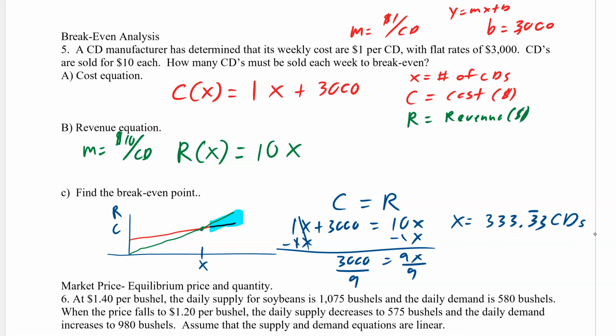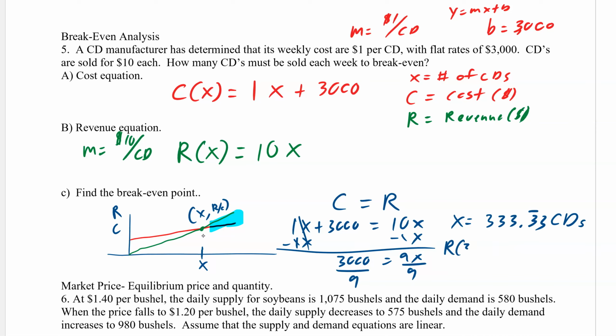So a point, by the way, is x comma y, and in this case it's x comma R or C. We don't know. One of the two. They're both the same, right? But it's that point. So now if you plug that back into the revenue or the cost function of 333.33, let's write this nicely.